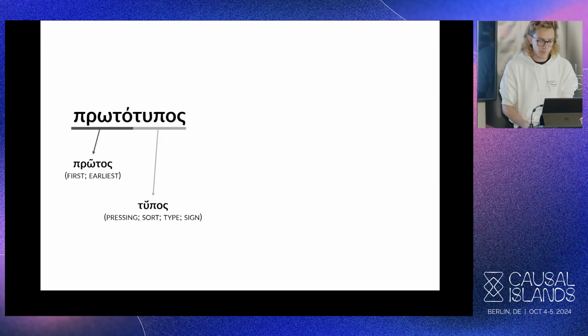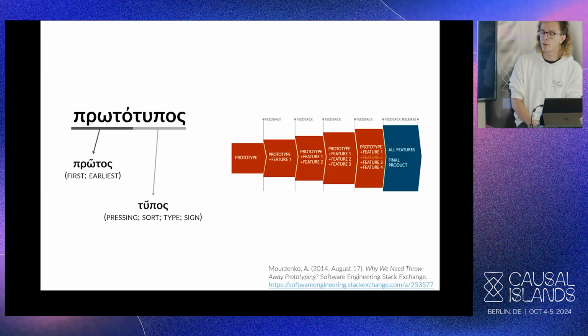We'll come back to this, because what prototyping in our industry looks like, at least for me, is this: evolutionary prototyping. Evolutionary and prototype don't really fit together if you look at the words and their meanings. You have this prototype at first, then you're adding features, then discarding features, and then you get this really nice code base with a really good architecture, because you're constantly adding features. And then you've got all the features, and it's the final product. Of course, it's as simple as that.